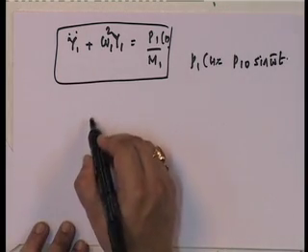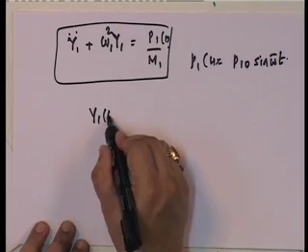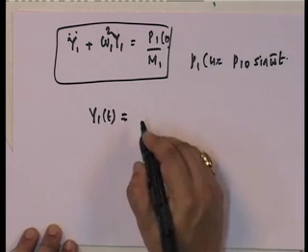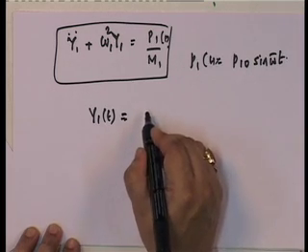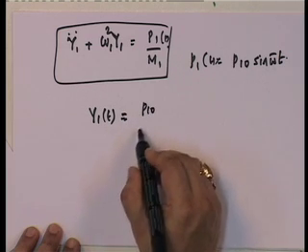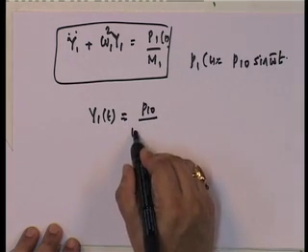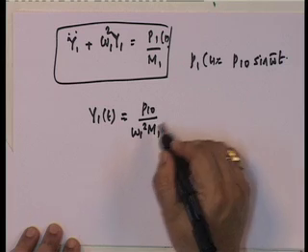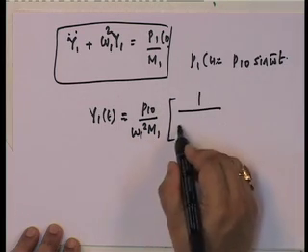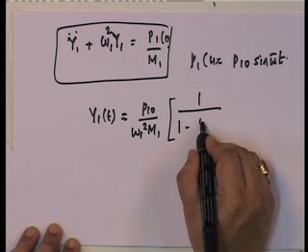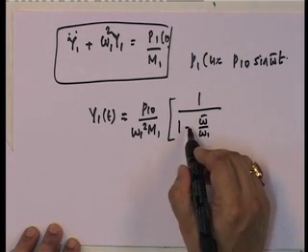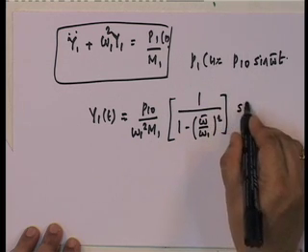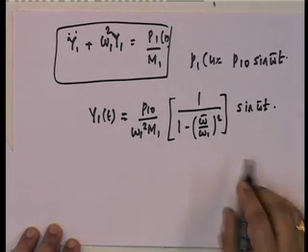The solution then becomes the following. y 1 of t, and this is the steady state solution. By the way, only the steady state solution. The steady state solution becomes the following: P 1 0 upon omega 1 squared m 1, that is P 1 upon k 1 into 1 upon 1 minus omega bar upon omega 1 the whole squared into sine omega bar t.